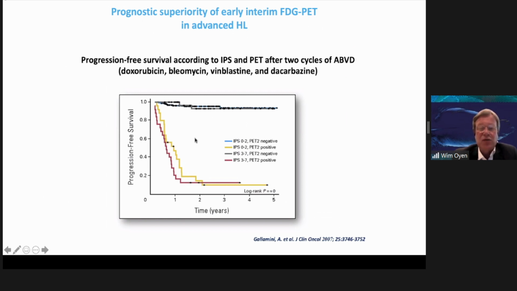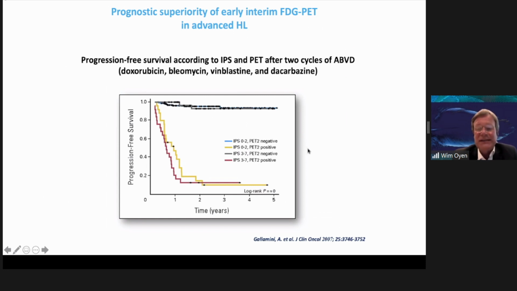So patients who had a high score but a negative PET did relatively well, but the patients with a low score and yet a positive PET did very poorly, as compared to the patients with a high score and a positive PET.